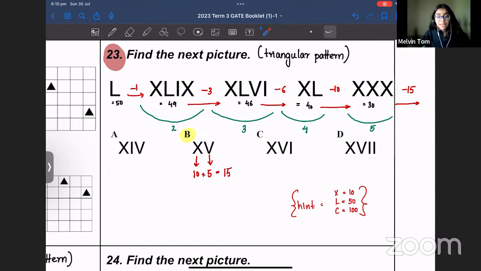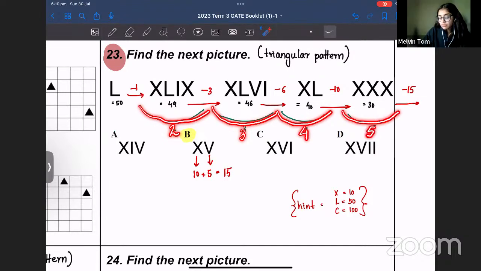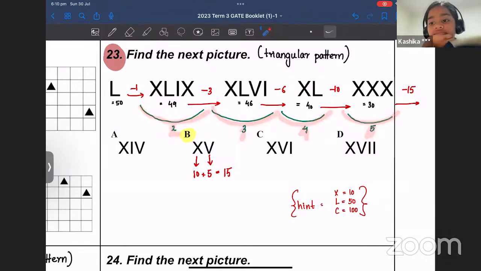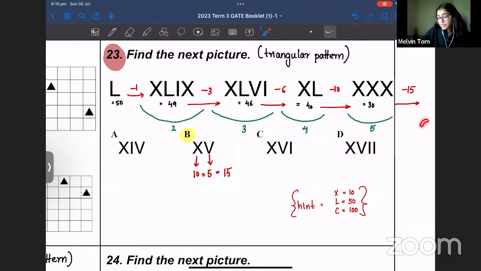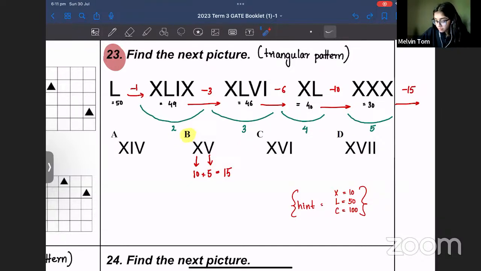Now, this is a pattern inside a pattern question. So 1 and 3, the difference is 2. 3 and 6, the difference is 3. 6 and 10, the difference is 4. And 10 and 15, the difference is 5. So we have 2, 3, 4, 5. Oops, sorry. It's only till 4.